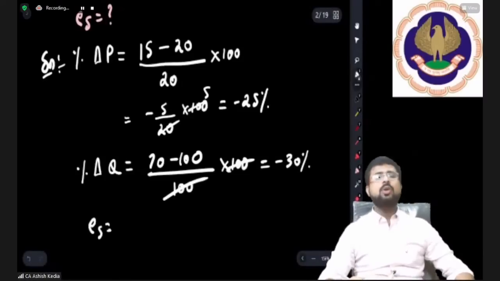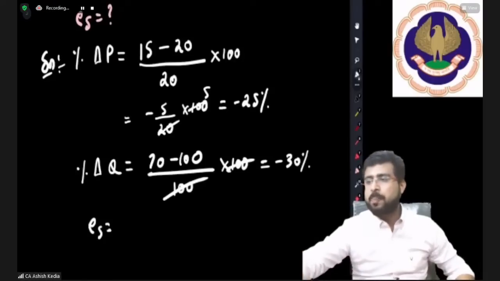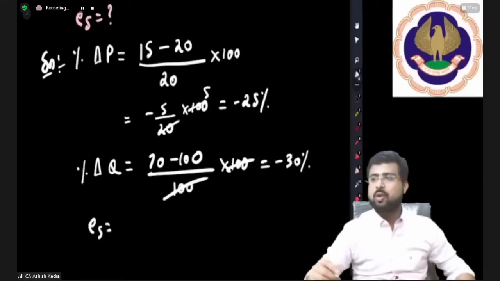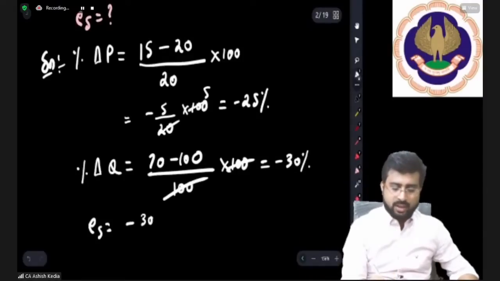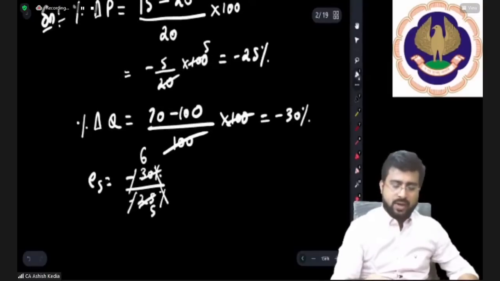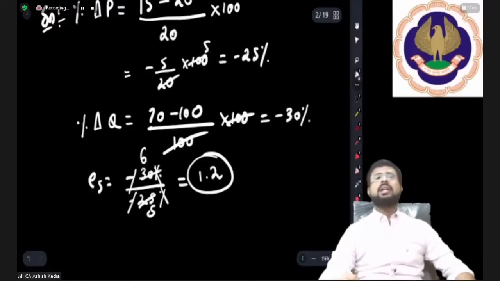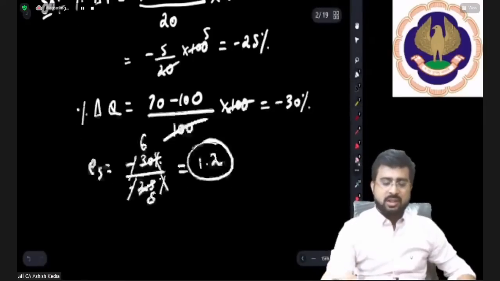I always told you, quantity above, price below, quantity ऊपर, price नीचे. So minus 30% by minus 25%. Minus gone, percent gone. 6 by 5, यानी कि what you get is 1.2. So elasticity of supply is 1.2.